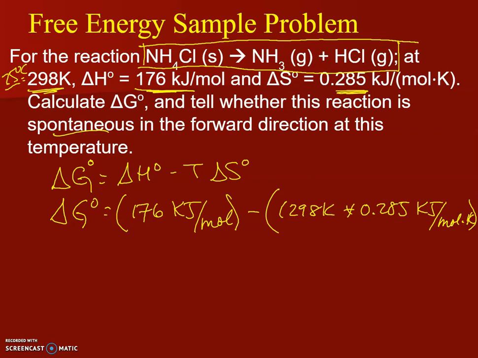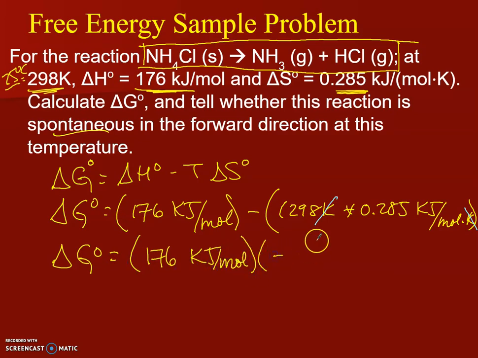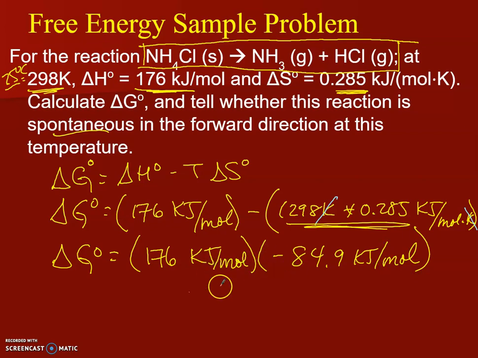And we are going to see that Kelvin and Kelvin will cancel out. So we then can use our calculators, go get them, come back. 176 kilojoules per mole, and then minus this product right here, which is going to be 84.9 kilojoules per mole. And once I subtract that from here, my delta G is going to be 91.0 kilojoules per mole.